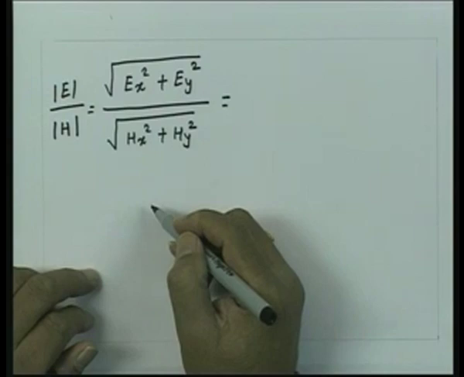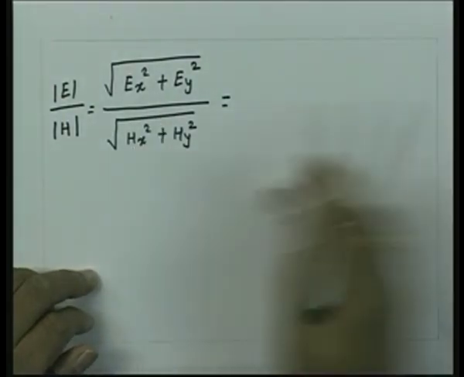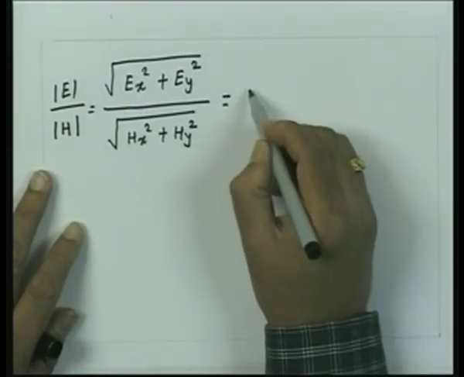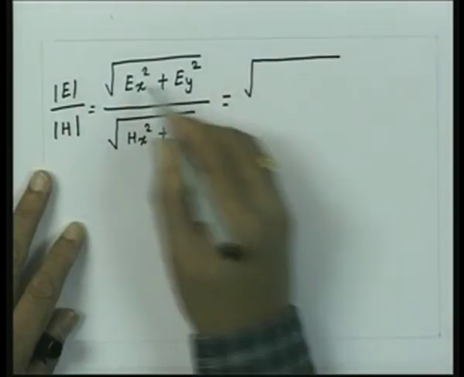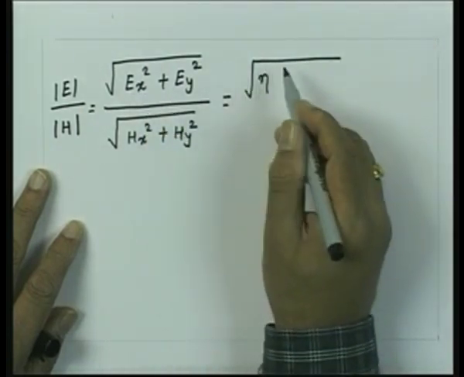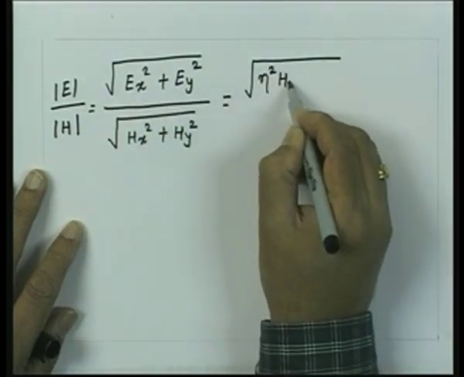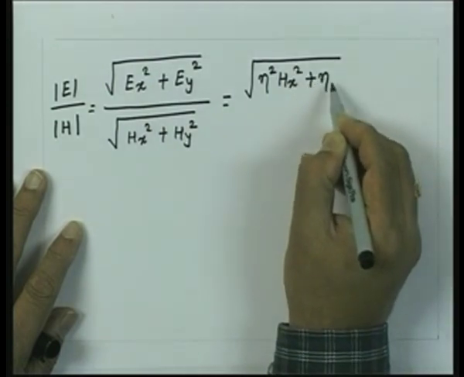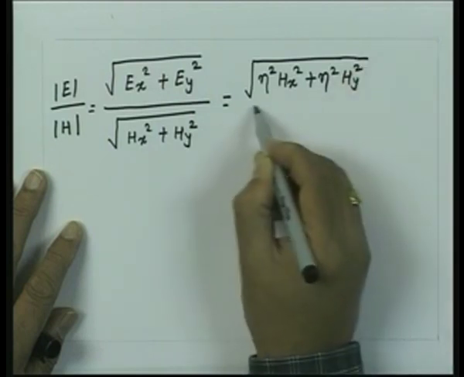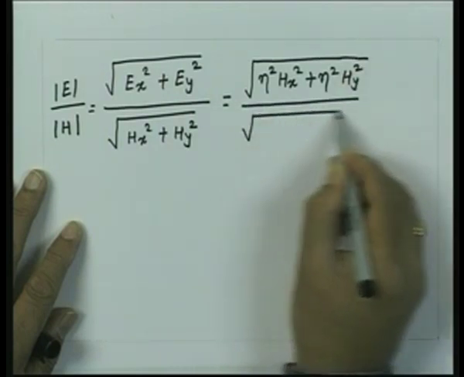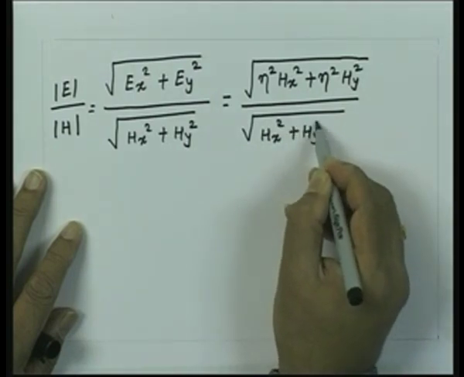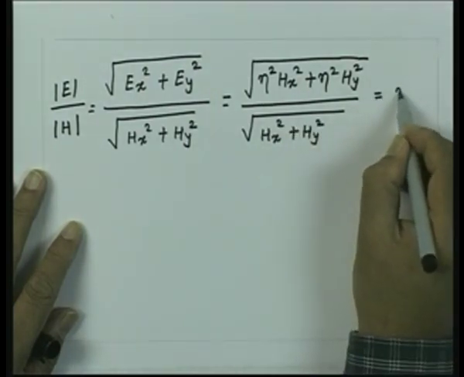I get this. I can substitute for Ex and Ey. So, I can get here, this is square root of eta square Hx square plus eta square Hy square divided by square root of Hx square plus Hy square, that is equal to eta.